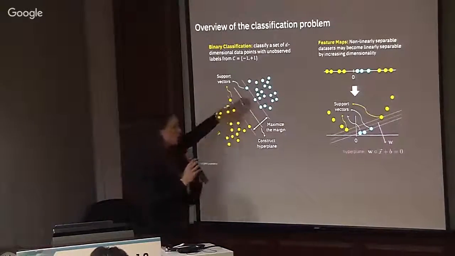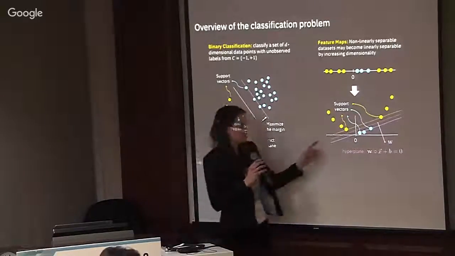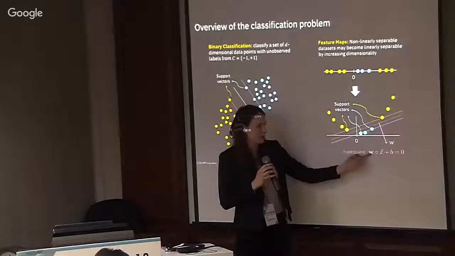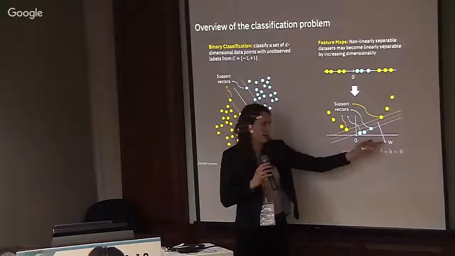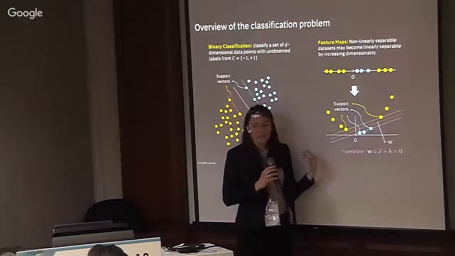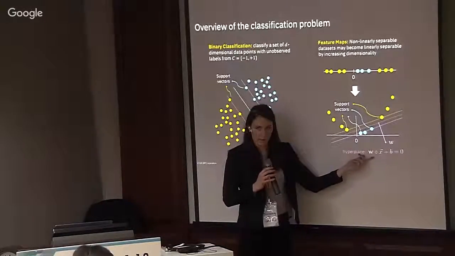So you want to maximize this, and it turns out that if you write down the equation describing your hyperplane, so here this is the norm of this W, the vector describing your hyperplane, maximizing the margin is equivalent to minimizing the norm of this vector.